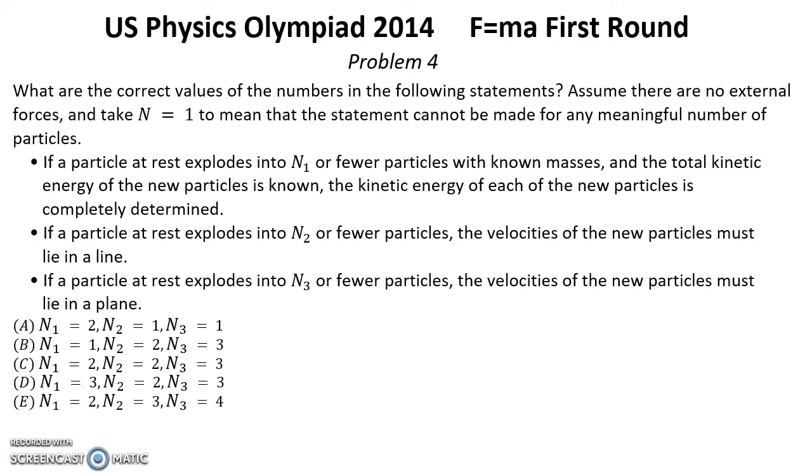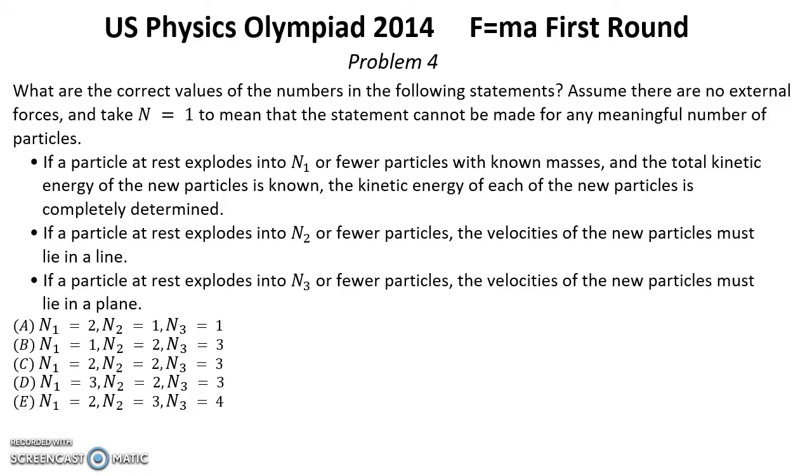Problem number 4. What are the correct values of the numbers in the following statements? Assume there are no external forces and take n equals 1 to mean that the statement cannot be made for any meaningful number of particles. If a particle at rest explodes into n1 or fewer particles with the known masses, and the total kinetic energy of the new particles is known, the kinetic energy of each of the new particles is completely determined.